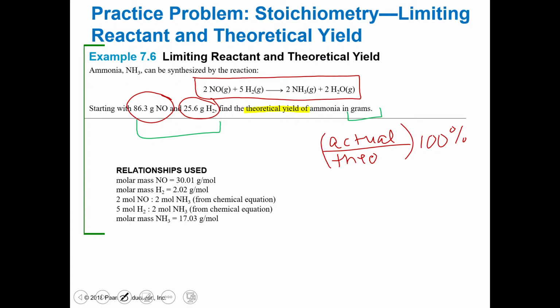How do I get to moles? And then back to grams of the asked for. Now, our relationships, we're going to have the molar mass of nitrogen monoxide, hydrogen gas, the mole-to-mole relationship between the nitrogen monoxide and the ammonia, and then the mole-to-mole relationship between the hydrogen gas and the ammonia, and then the molar mass of ammonia.